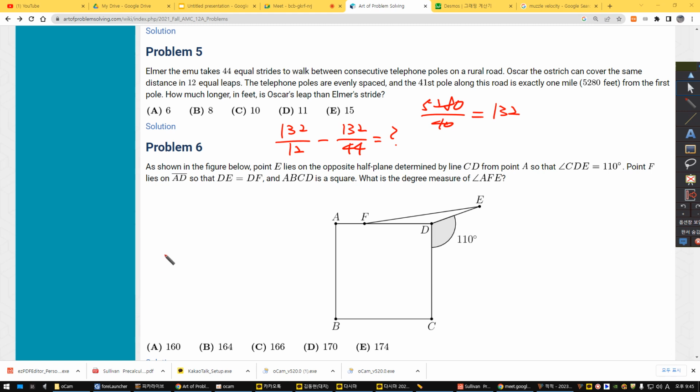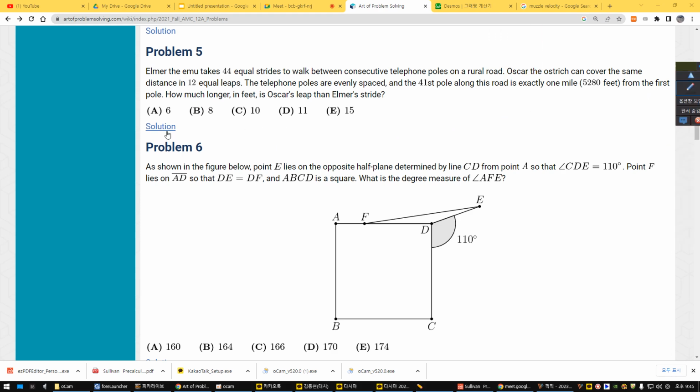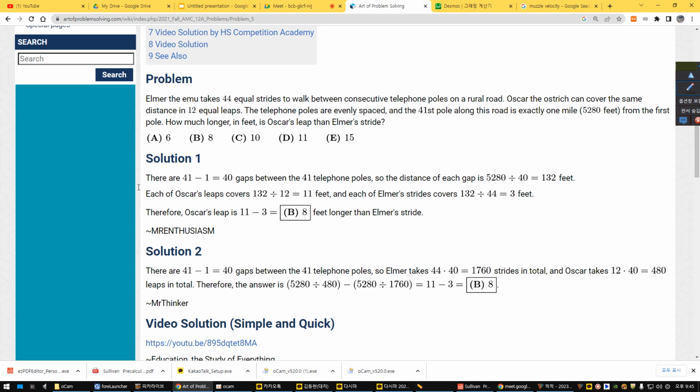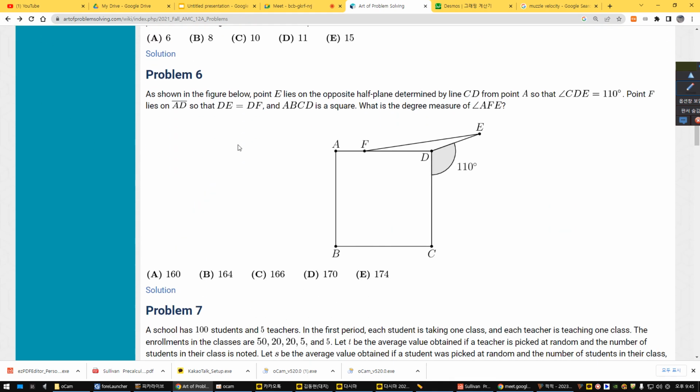Oh, 8. Oh, yeah, 8. Yeah, number 6. Yep, so what's this angle? 170. Yeah, am I right? This is equilateral. Yep.